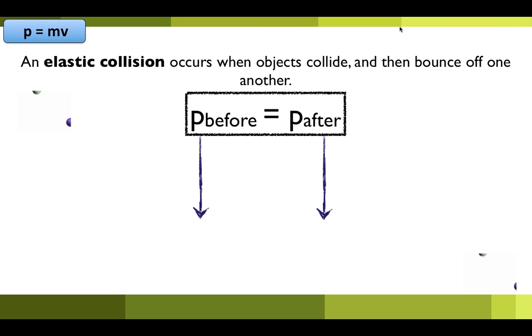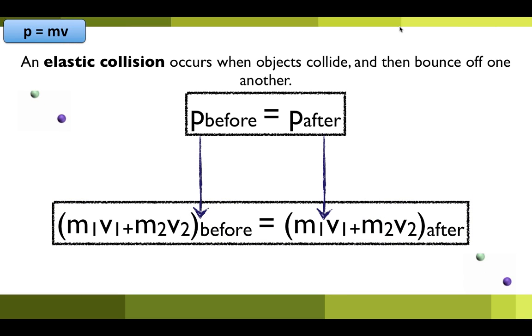So using this idea that momentum before equals momentum after is going to allow us to do some cool tricks on figuring out what's going to happen if two things hit each other. If I say momentum before equals momentum after, and I've already said momentum is mass times velocity, then if we take the mass of one object times the velocity of that object, that would be the momentum of the first object, and add to that the mass of the second object times the velocity of the second object, which is just the momentum of the second object.